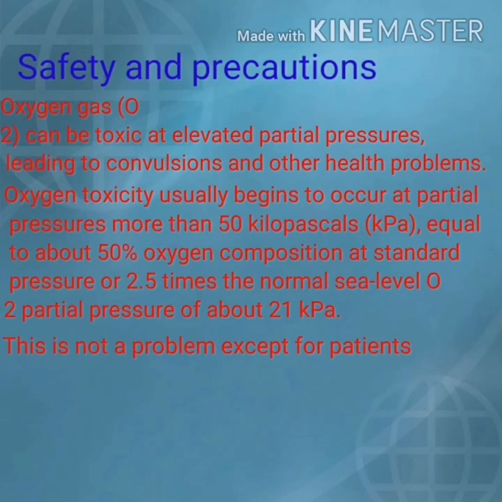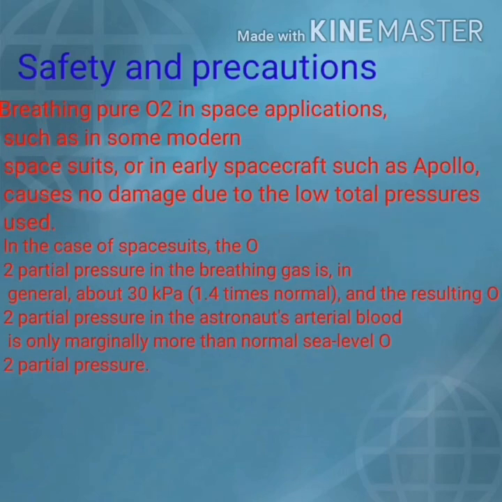This is not a problem except for patients on ventilators. Breathing pure O2 in space applications, such as in some modern spacesuits or in early spacecraft such as Apollo, causes no damage due to the low total pressure used. In the case of spacesuits, the O2 partial pressure in the breathing gas is in general about 30 kPa, 1.4 times normal, and the resulting O2 partial pressure in the astronaut's arterial blood is only marginally more than normal sea level O2 partial pressure.